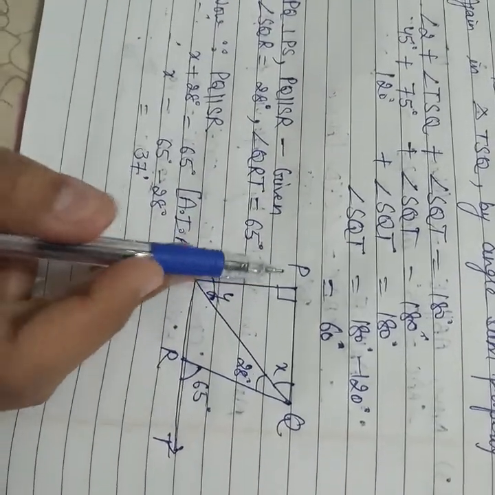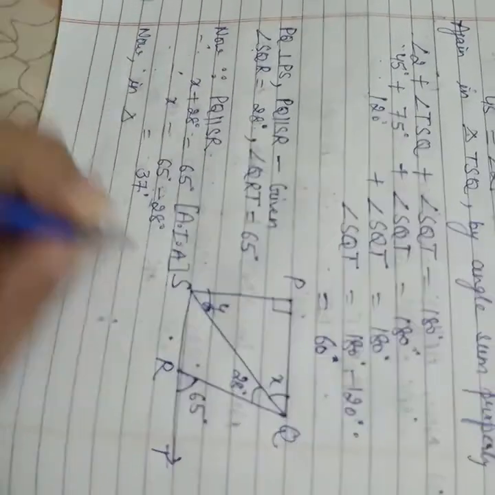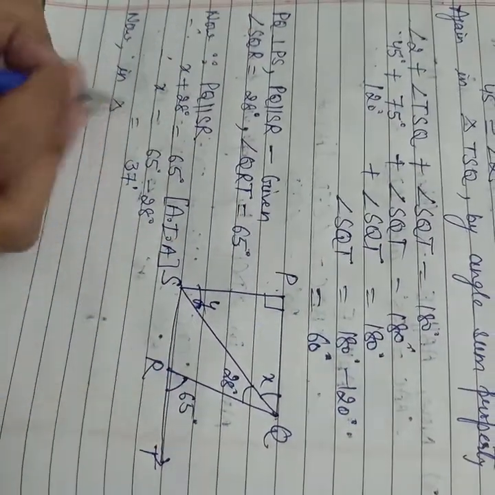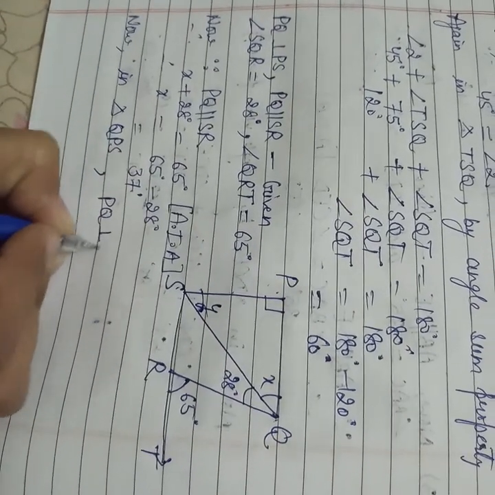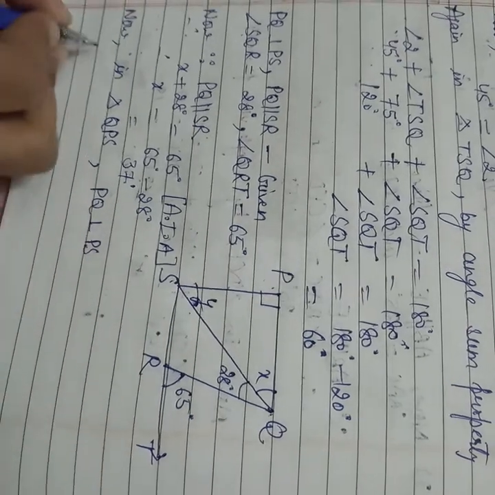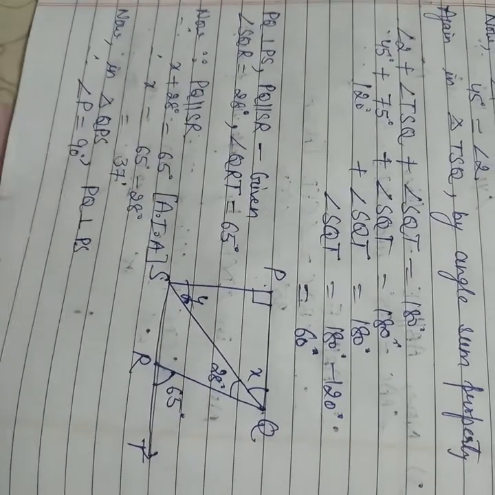Now in triangle QPS, PQ is perpendicular to PS, therefore angle P equals 90 degrees.